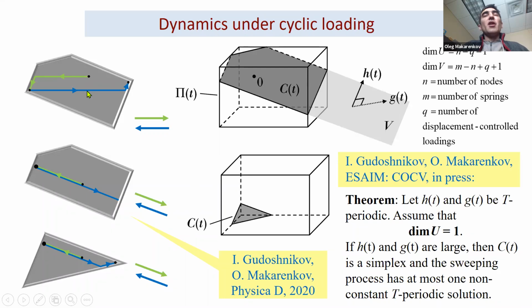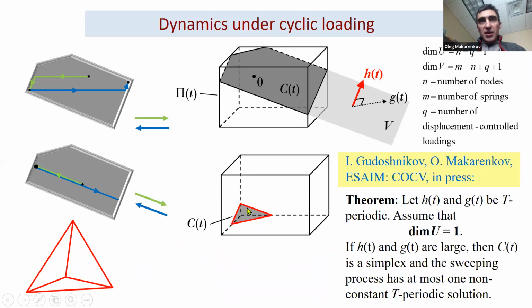Therefore, everything might happen if you do not impose any additional conditions on this moving constraint. But it turns out that if you know that your moving constraint is a simplex, this type of shape, then everything is predicted in a unique way all the time. There will always be a unique response to the displacement if this intersection of the parallelepiped with the plane is a simplex.